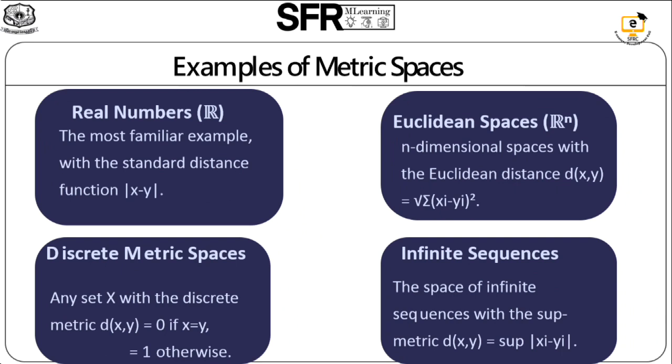Euclidean spaces: n-dimensional spaces with the Euclidean distance d(x,y) = the square root of the summation of (xi - yi) whole squared. In the discrete metric spaces, any set X with the discrete metric which is equal to 0 if x = y and 1 otherwise. In the infinite sequences, the space of infinite sequences with supremum metric d(x,y), which is the supremum of |xi - yi|. We are going to check about the least upper bound, supremum and all in this session.